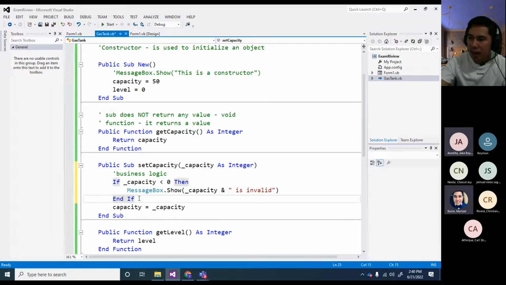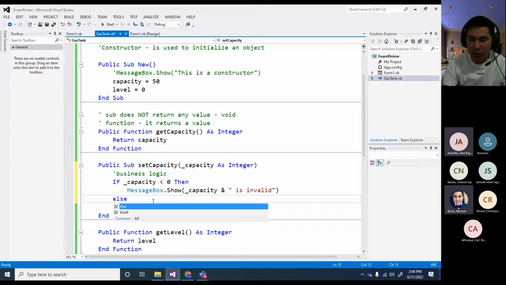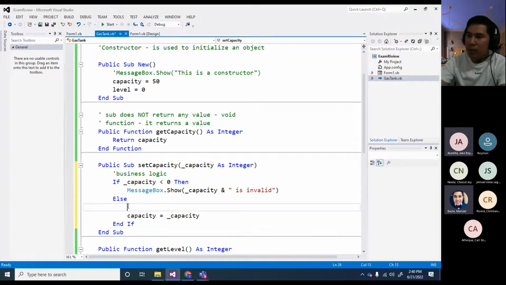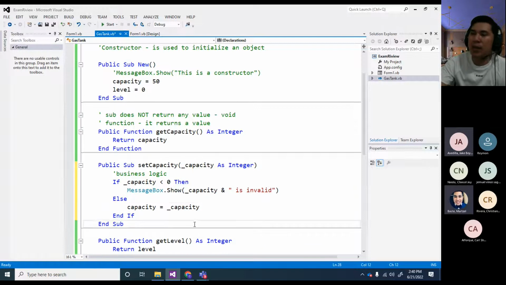Okay, otherwise, if we want to accept it, let's just put it here. Capacity is equal to underscore capacity.